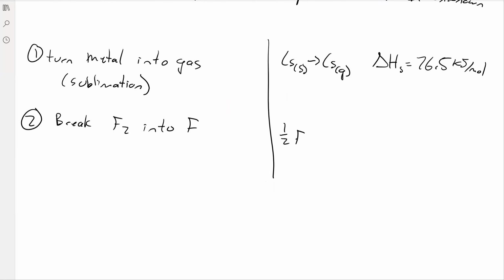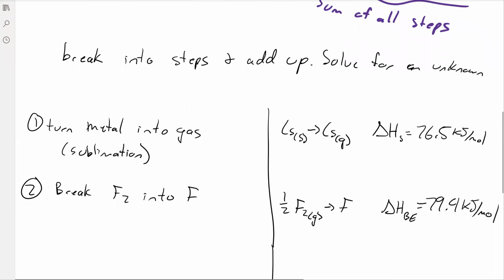So we're going to go from half an F2 as a gas to just one F. And that's something called bond enthalpy, which we'll learn about a little bit later when we get to covalent compounds. In this case, it is 79.4 kilojoules per mole. Notice that both of these numbers so far have been positive numbers. That means that we have to put energy into the system for this to work, right? We have to roll that ball up the hill instead.